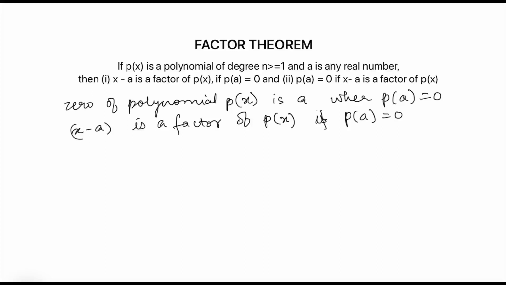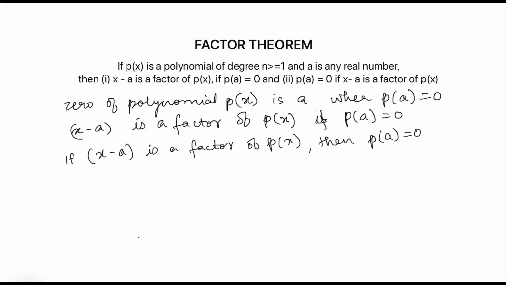The other way of saying it is also true, which means that if x minus a is a factor of p of x, then p of a is equal to 0.